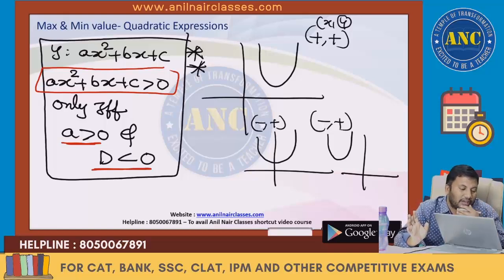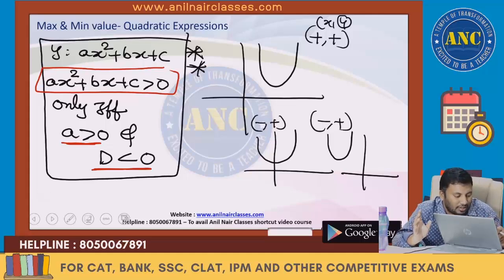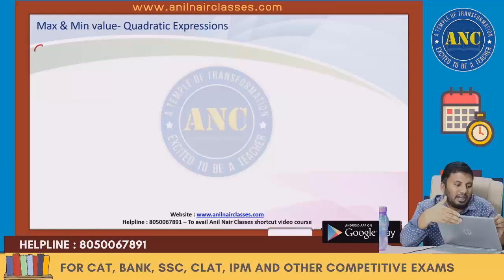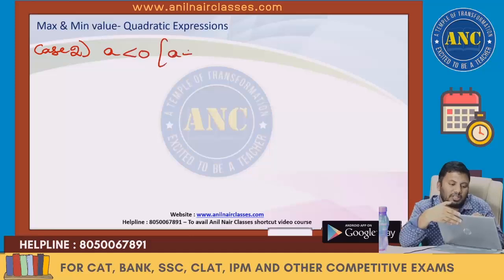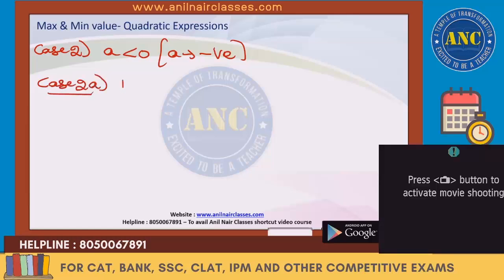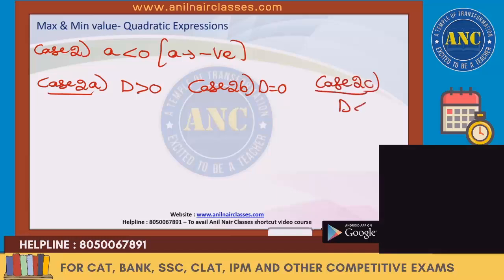Coefficient of x square should be greater than 0 and discriminant should be less than 0. Similarly, if I take case 2, a less than 0, that means a is negative. You can do it a little later with some dummy values. Case 2a, D greater than 0. Case 2b, D is equivalent to 0. Case 2c, D is less than 0.